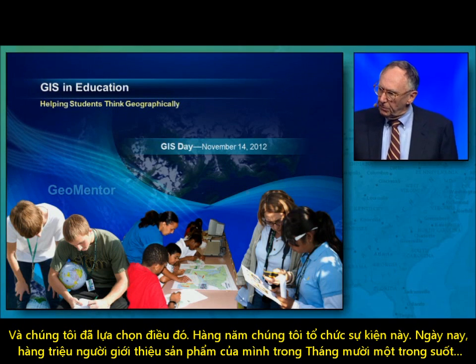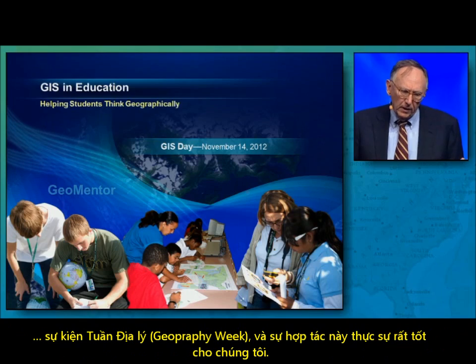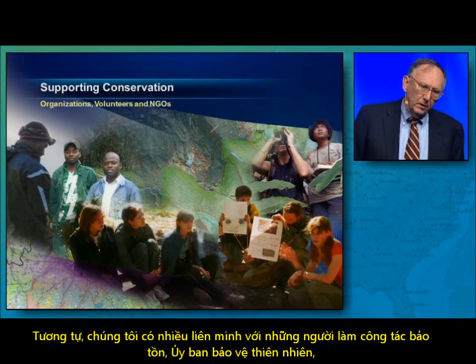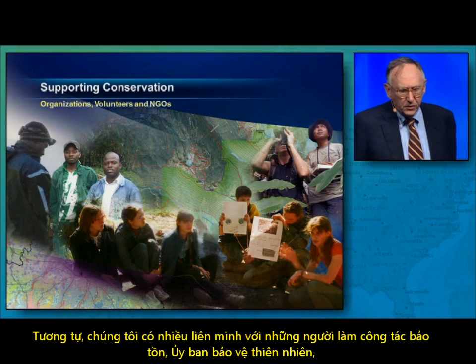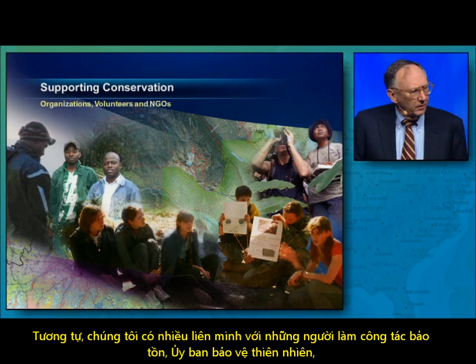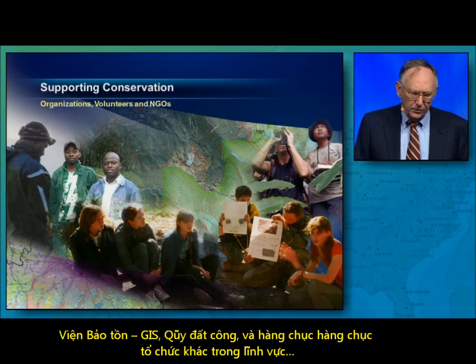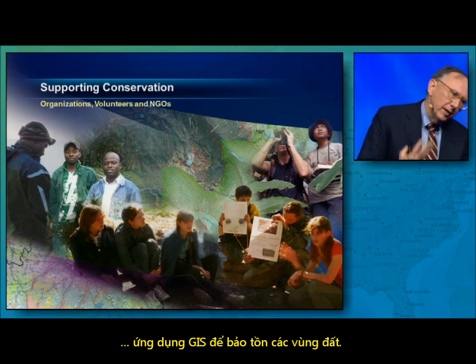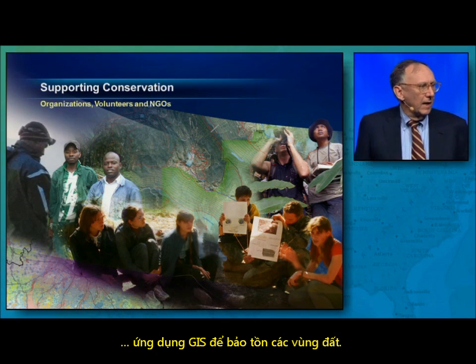Today, millions of people show off their work in November during Geography Week, and this partnership has been really good for us. Similarly, we have a number of alliances with people in the conservation community, the Nature Conservancy, the Society for Conservation GIS, Trust for Public Lands, and dozens and dozens of others in the work of applying GIS to conserving lands.